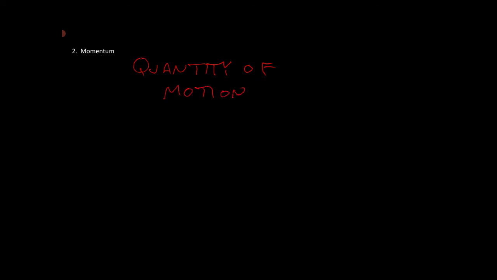What I mean by a quantity of motion is that if you have more of this, then when we look at the results of an interaction with something else, if those interactions are based on how much motion you have, then if you have more of this quantity, momentum, you'll have more of those effects.